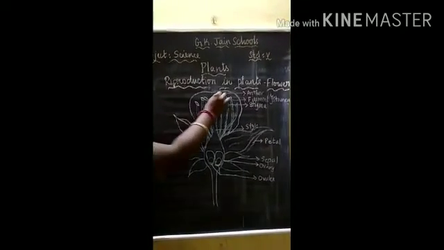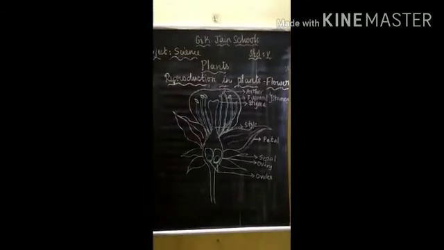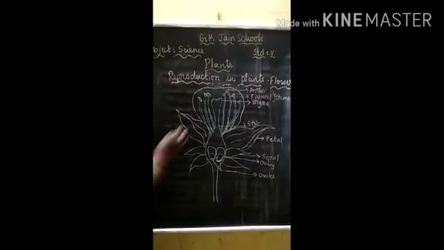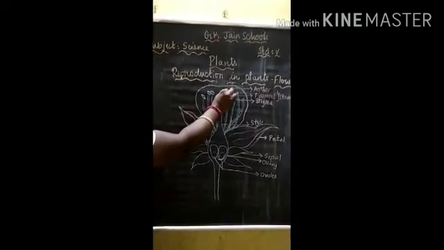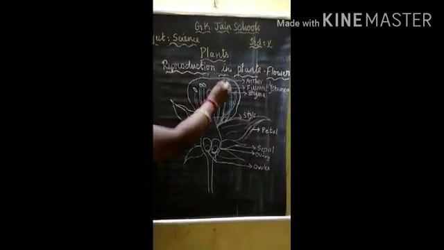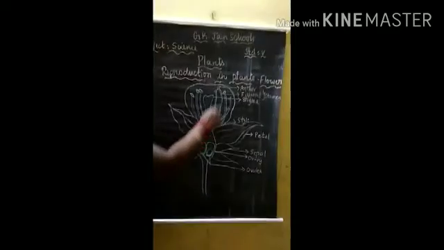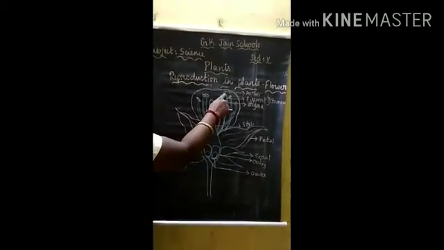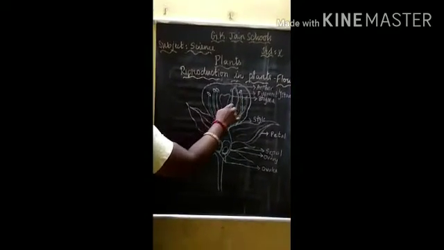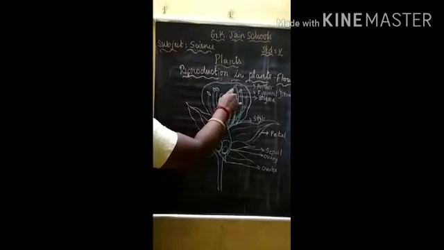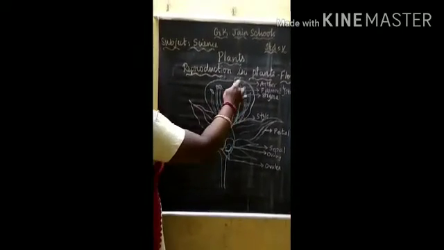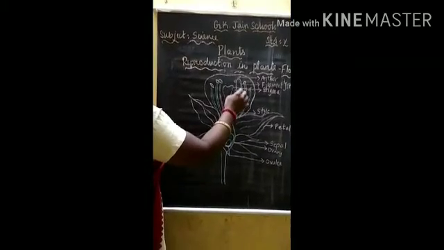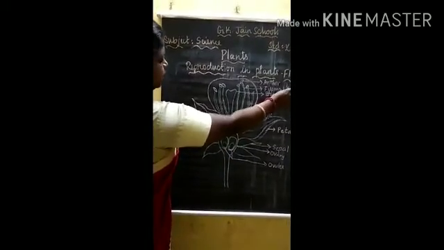At the tip of the filament, the pollen grains are produced in the pollen sac which is present inside the anther. So can you see here children? This is the male reproductive system, which consists of filament and the anther. So this entire part is called the stamen.